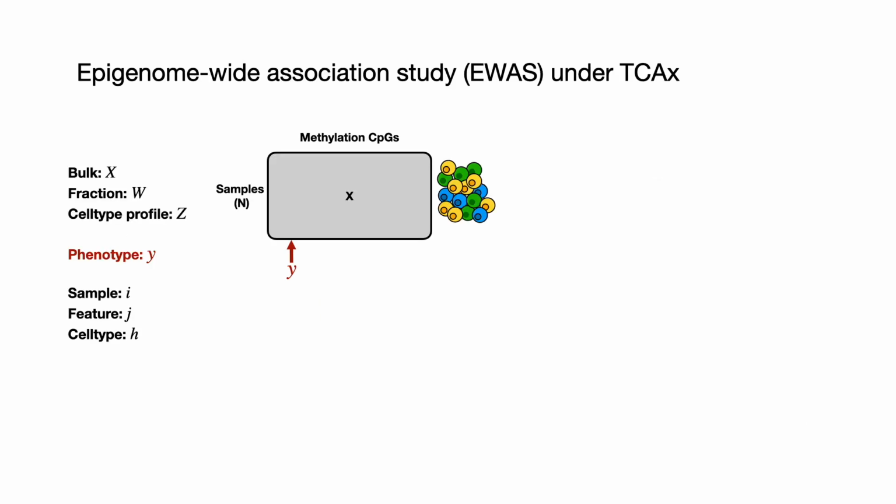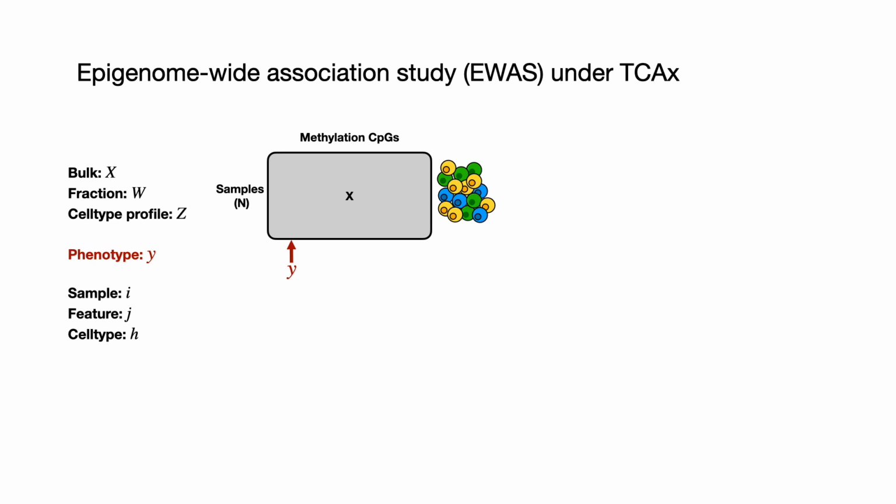And finally, we're going to apply our deconvolution framework to epigenome-wide association study. So EWAS is similar to GWAS, where we have a phenotype of interest Y, and we usually just scan through the genome, CpG by CpG, and check if there is a significant association between this phenotype and the CpG methylation profile.